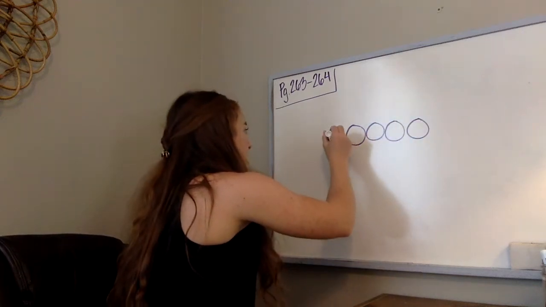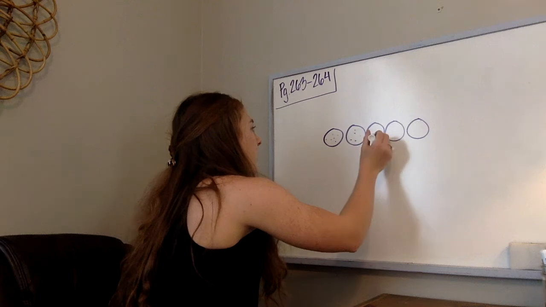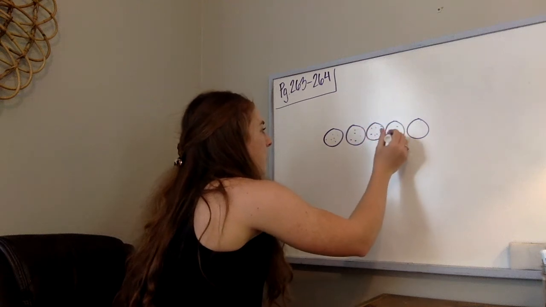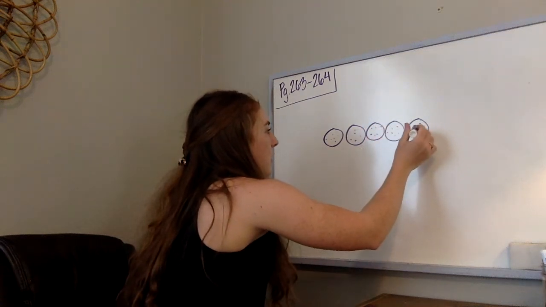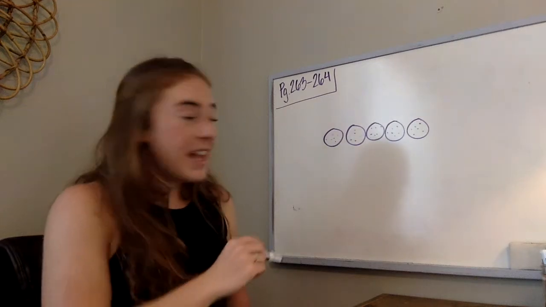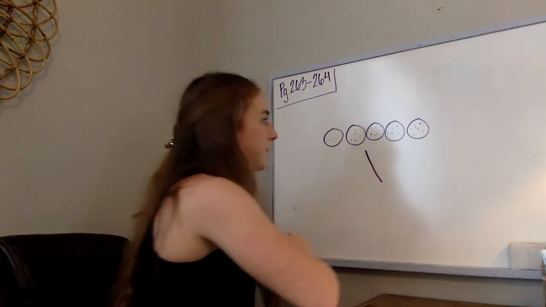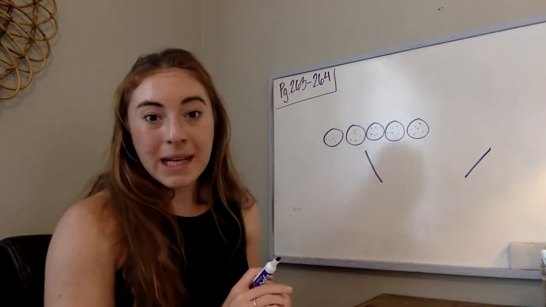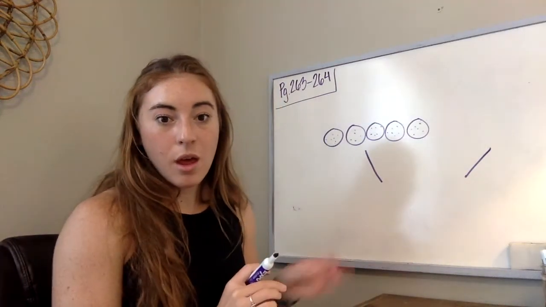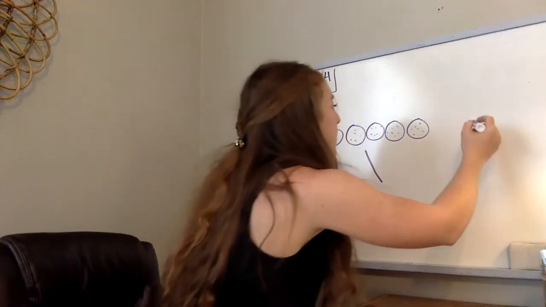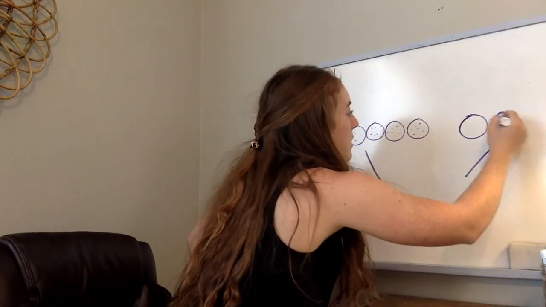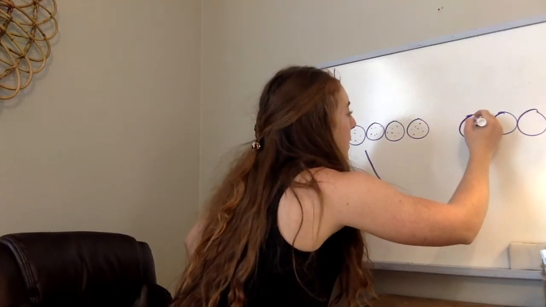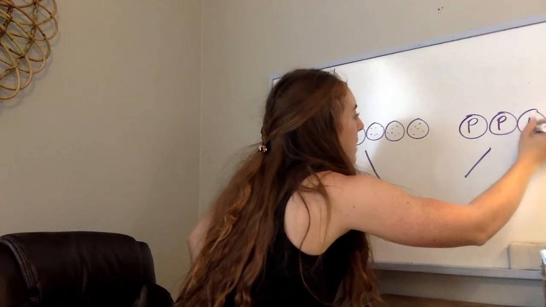I'll put some chocolate chips in there. And then, so that's one part. Another part is he bought how many peanut butter cookies? 3. 3 peanut butter cookies. 1, 2, 3. And I'm going to put a P in there for peanut butter cookies.